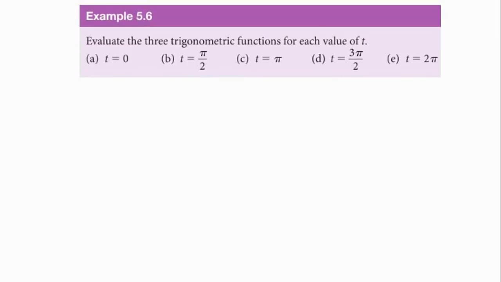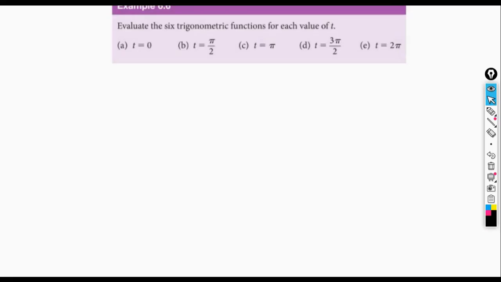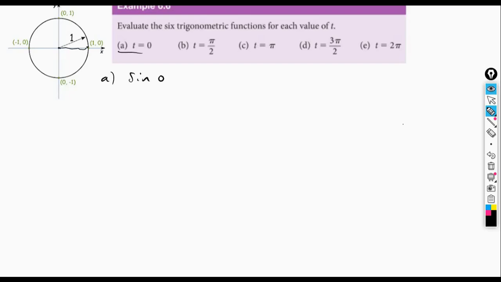Next, let's take a look at example 5.6. It says, evaluate the 6 trigonometric functions for each value of t. For this, let's use the unit circle. For a, t equals 0. That means the angle is 0 degrees or 0 radians, so it would be right there. In the unit circle, sine of 0 is just the y coordinate.